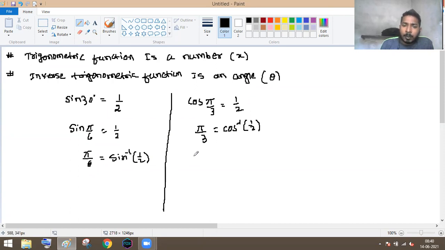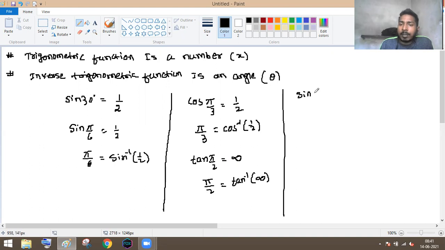Now, suppose I have to define tan pi by 2. What is tan pi by 2? Undefined. Let's assume it's infinity. It is not actually equal, but for some time let's assume it is equal to infinity. Can we say that pi by 2 will be equal to tan inverse infinity?